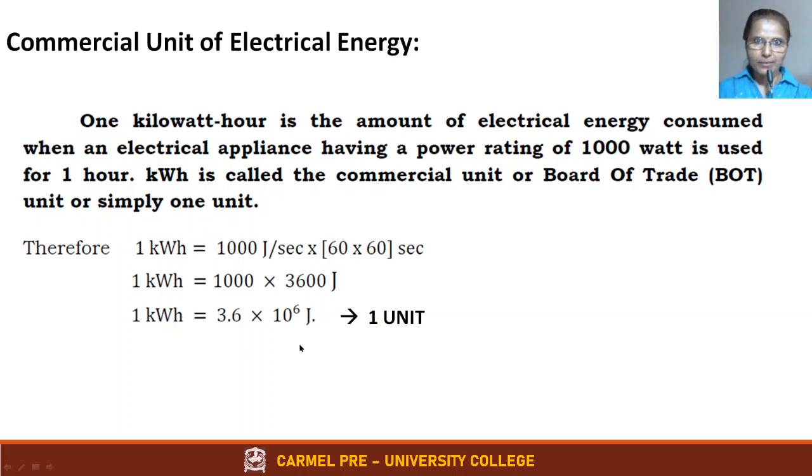Based on the slab, the unit rate will change. Unit rate may initially be 5 rupees per unit. Later on it will increase as you are consuming more and more units. So you can just check your electricity bill. You will be able to understand what unit we are talking about, how much energy you are using in your home, and why so much electricity bill is coming for you. That is the commercial unit of electrical energy.